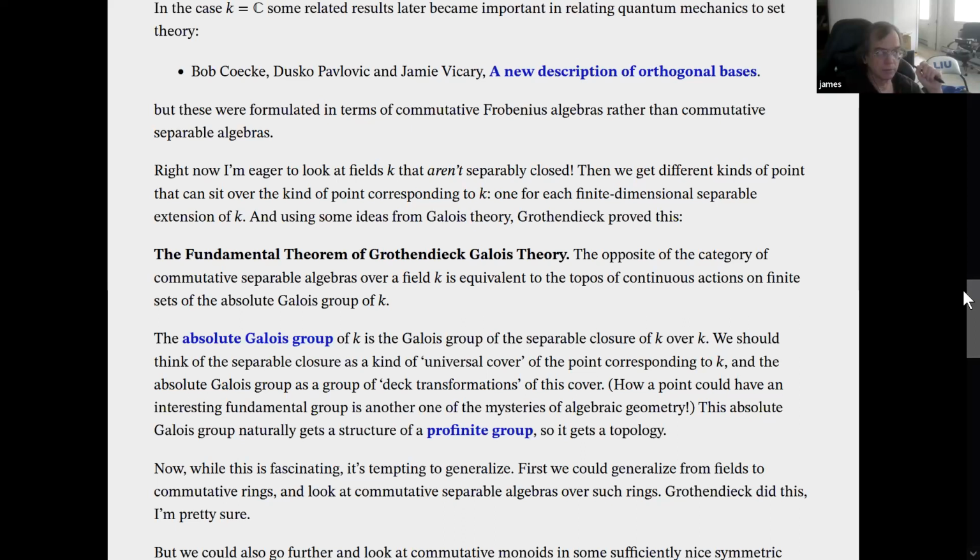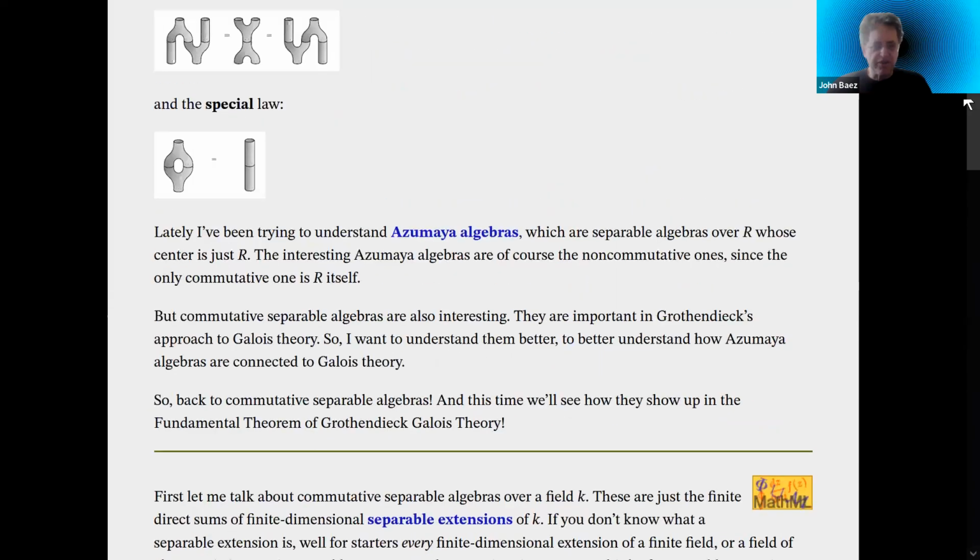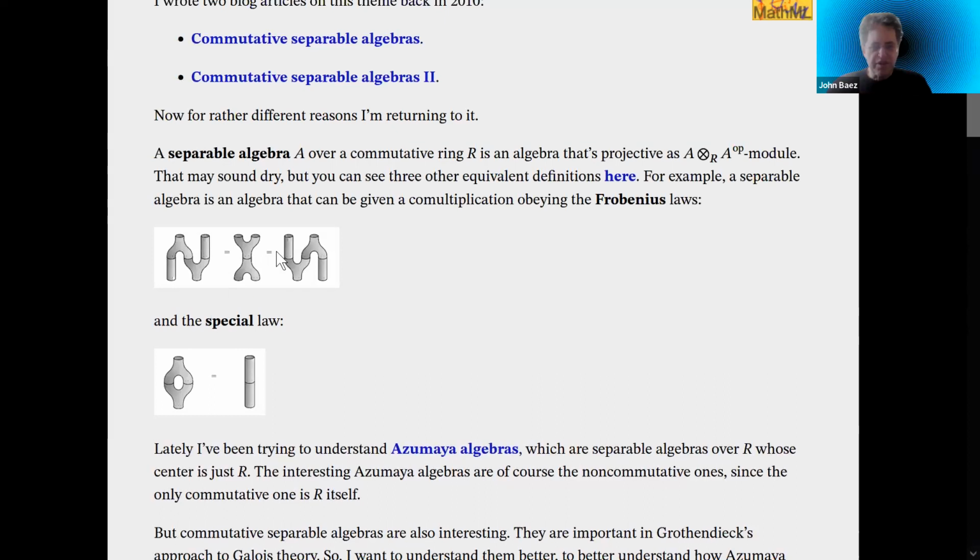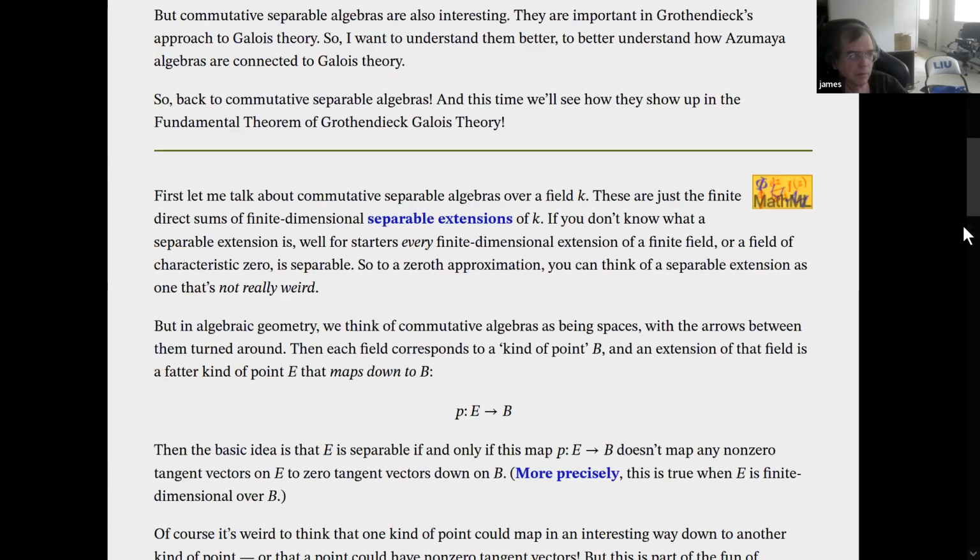Because there's a string diagram way of describing what a separable algebra is, you can talk about a separable monoid in any symmetric monoidal category, and a commutative separable monoid. So you can copy this stuff. And it turns out that somebody already did.